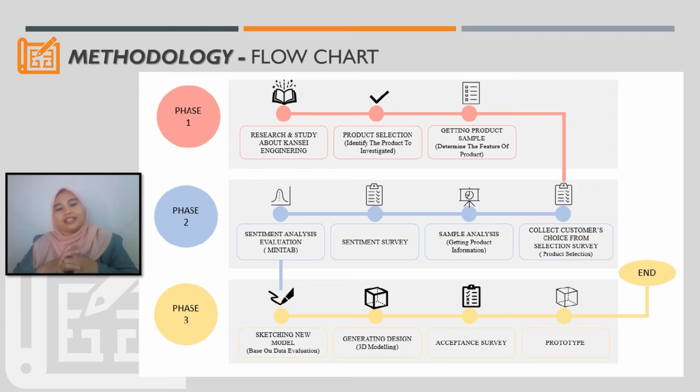After that we select a good sketch or good 3D modeling product design for an acceptance survey given to the public, for selecting a good design for a new product design of air fresheners casing. After that, we do a prototype.